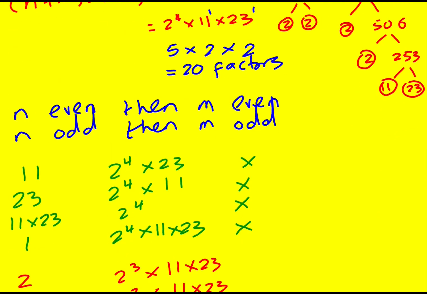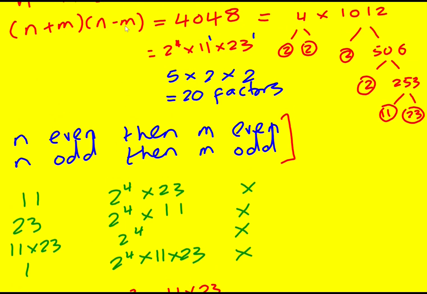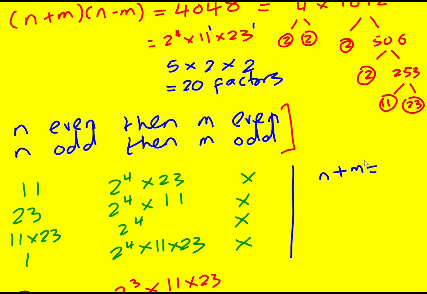I did say why we had to reject them, but let me show you why the number ends up becoming odd, because at the moment we're just focusing on n plus m and n minus m. So let's say, for example, that I went with n plus m equaling, well, I'll go with 23 for n minus m because it's going to be the smaller one.